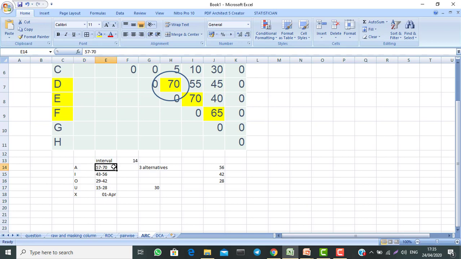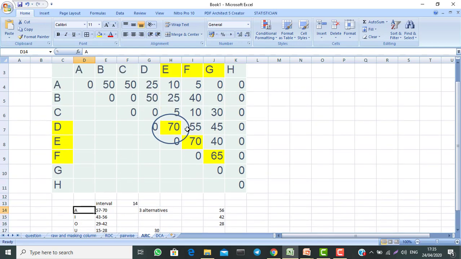Starting from the highest one, which is 70, we continue down by this interval. 57 until 70 will be put in the A class. A means absolutely should be put together.